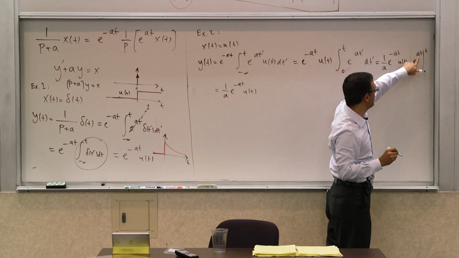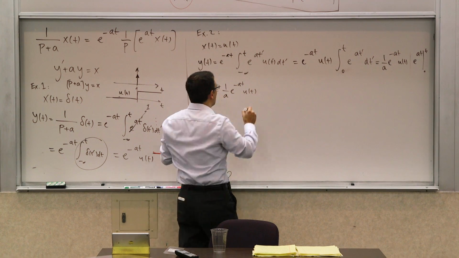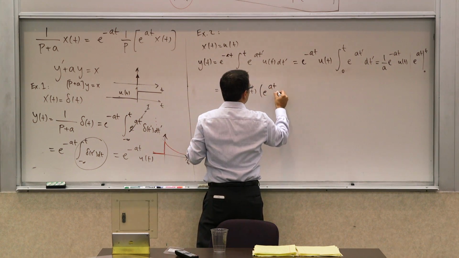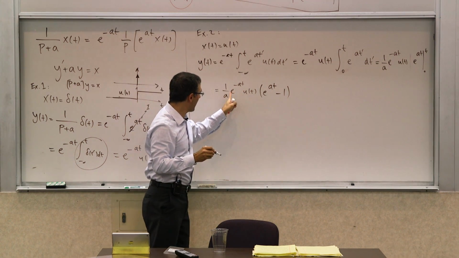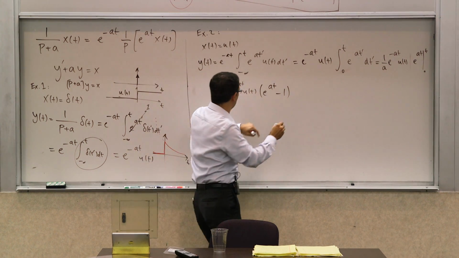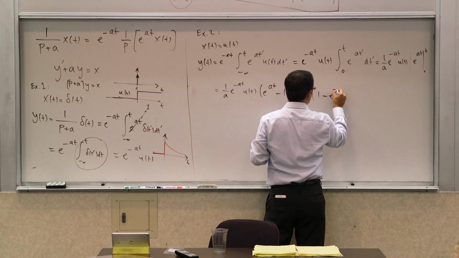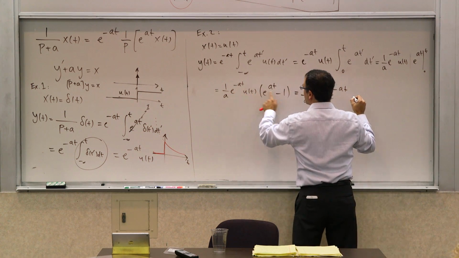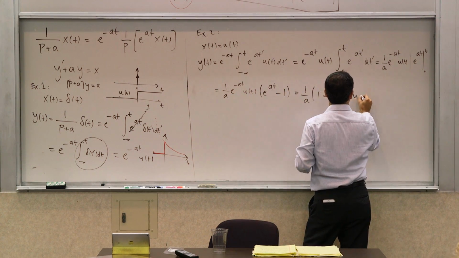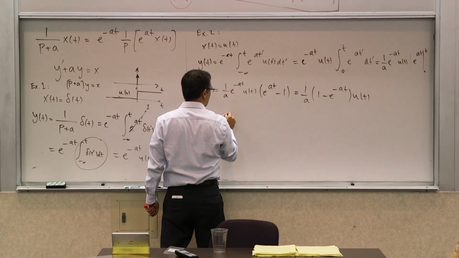For this, I get e to the at minus 1. Right. So now I can simplify it by multiplying this out. The product of these two is 1 over a, 1 minus e to the negative at, because this cancels that, becomes 1. And then this times that is e to the negative at u of t. So this is the step response of the system.